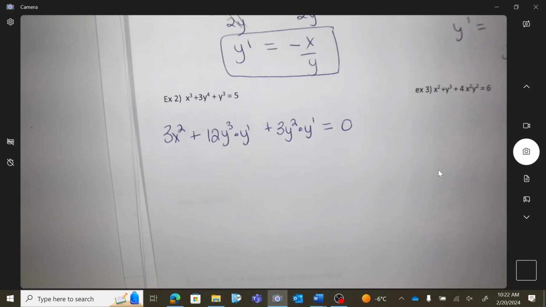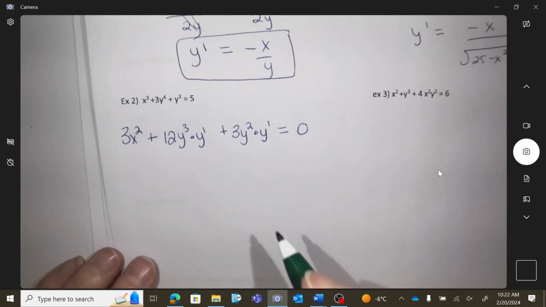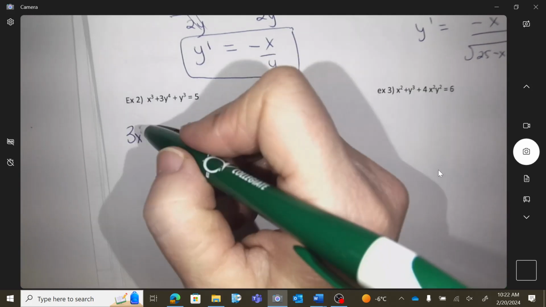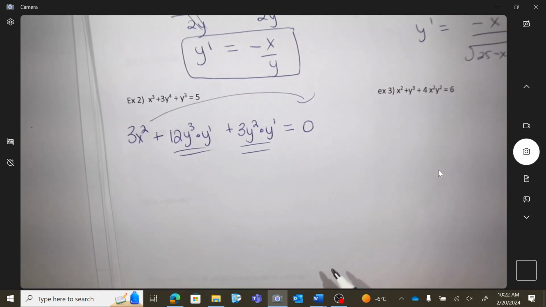Okay, how do you algebraically get this? So I'm going to keep this unit and keep this unit because they both have y primes in them. So I'm going to move that out. Do you remember us doing this kind of thing with logs? If it had logs in it, you keep it. If it doesn't, move it.